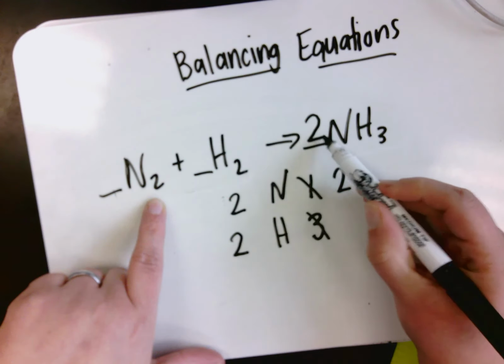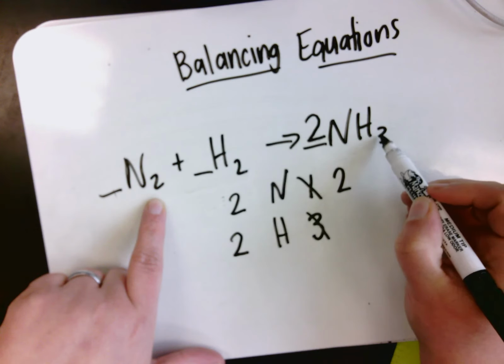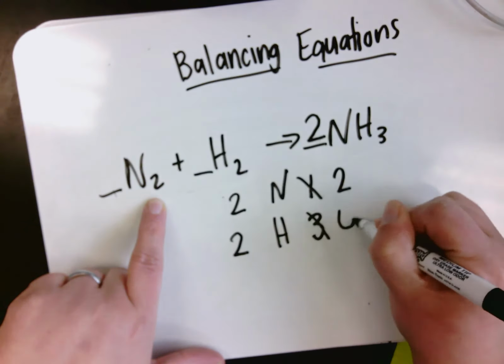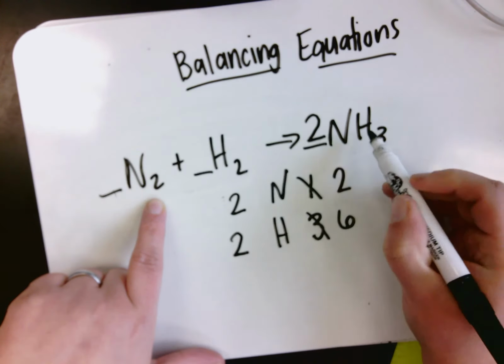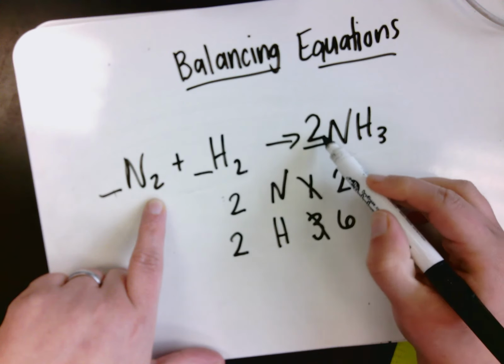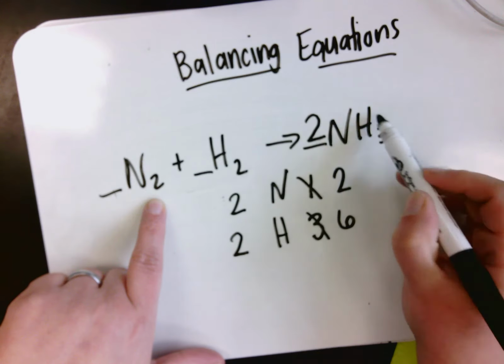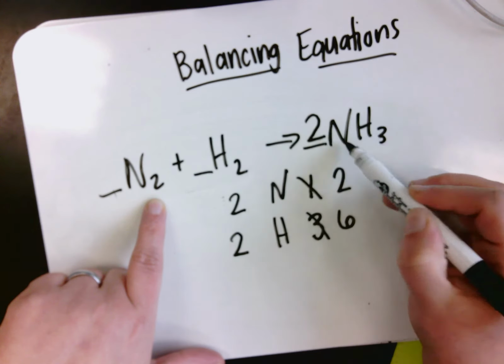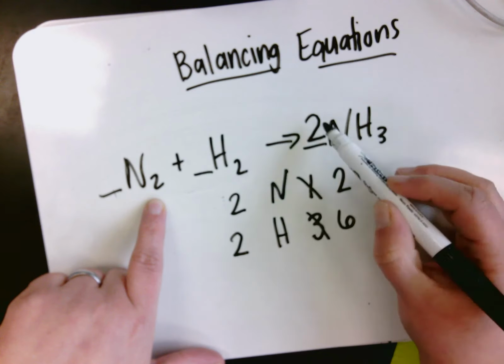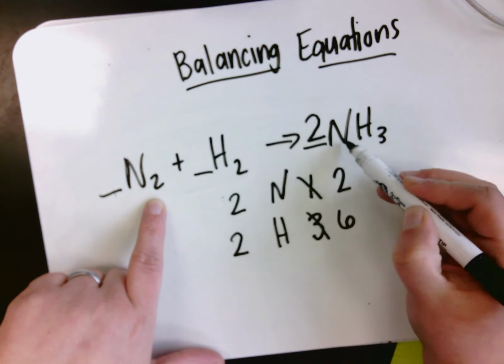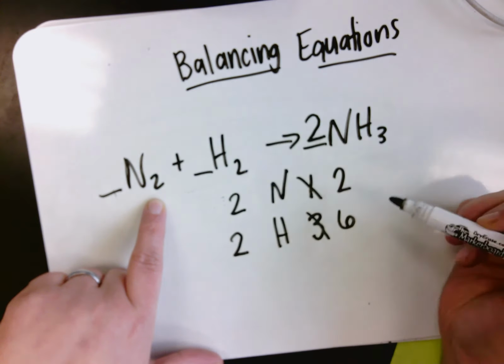So now we have 2 NH3 molecules, which gives us a total of 6 hydrogens. So the coefficients distribute to every atom within the compound. Remember, this is a chemical formula for a compound, NH3, and we have 2 of these, so that means there are 2 nitrogens and 6 hydrogens.